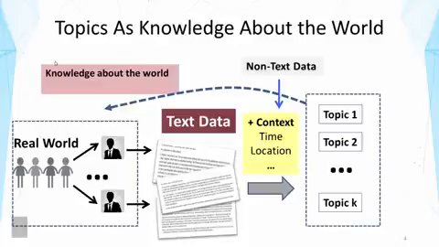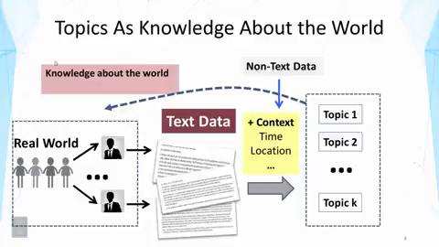Now, when we have some non-text data, then we can have more context for analyzing the topics. For example, we might know the time associated with the text data, or locations where the text data were produced, or the authors of the text, or the sources of the text, etc. All such metadata or context variables can be associated with the topics that we discover, and then we can use these context variables to help us analyze patterns of topics.